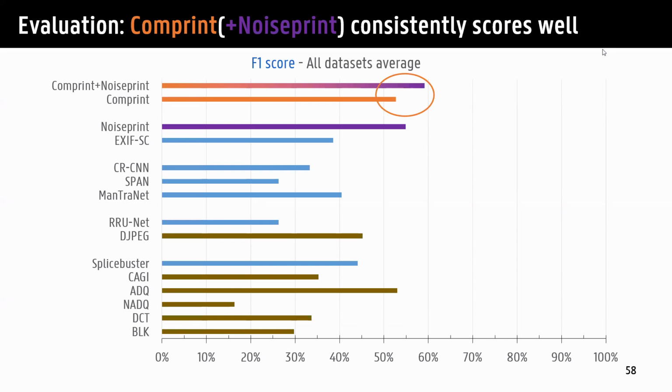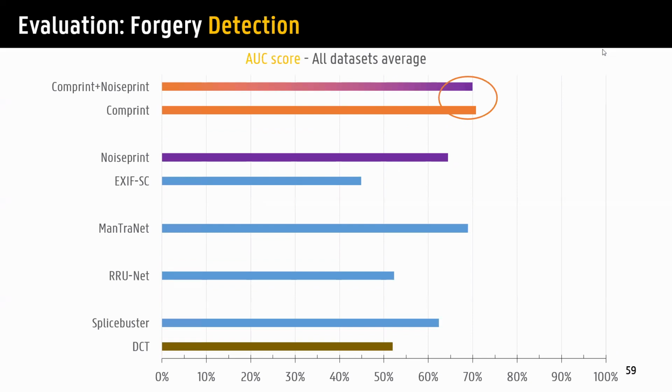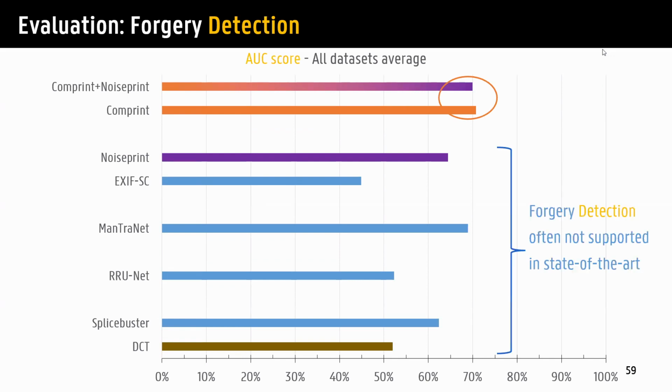We see that Comprint or the Fusion usually performs at the top of all the methods. Also for forgery detection, we usually are at the top of the list when we compare them to all the methods. And what we also see for forgery detection is that often state-of-the-art methods do not support forgery detection, or at least they did not include this in their proposal. So this is also something that they might need to look at.